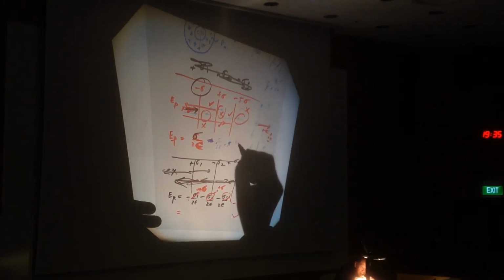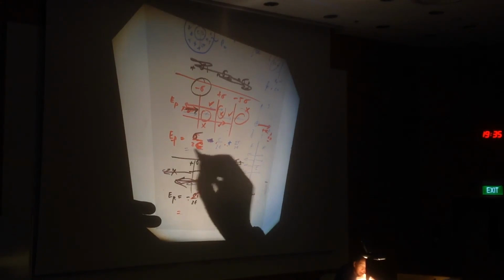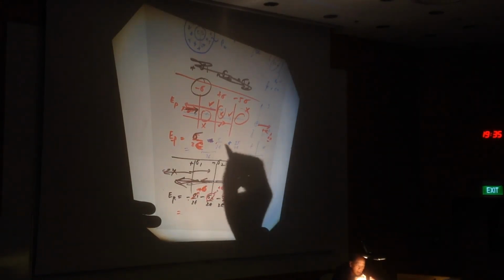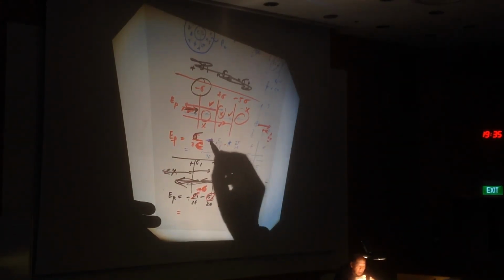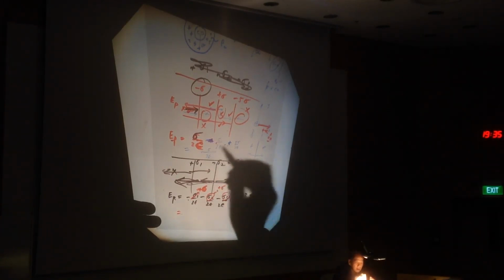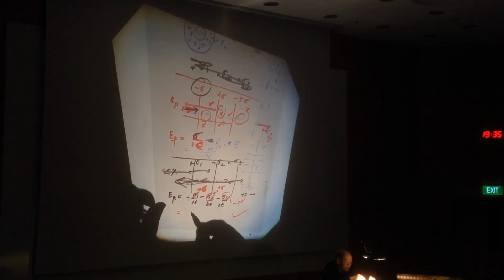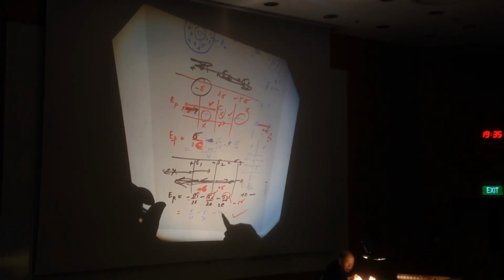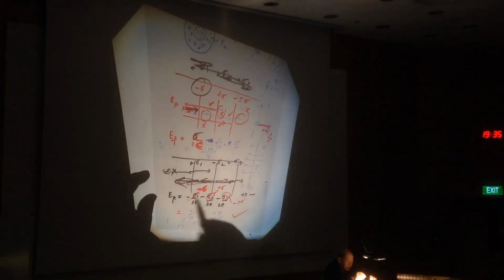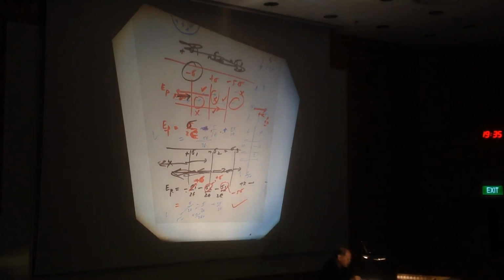So you work it out, 2 epsilon gives you 5 sigma. Same thing. This one, sigma over 2 epsilon minus sigma over 2 epsilon plus 5 sigma. Same. So this one and this one give the same answer, provided you have not done double counting.